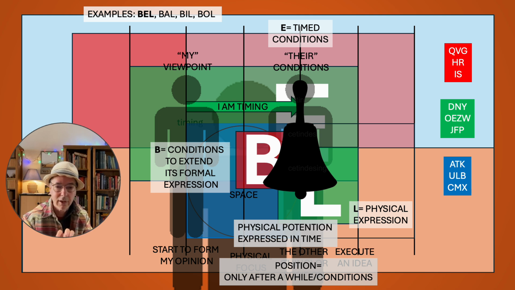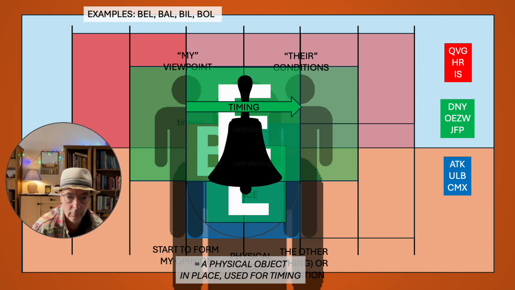It also has its full expression of L, the physical expression, only after a while, by following up its conditions, not just by timing it with E, but also by pressing the timing towards its result. That's the way you can understand BEL completely from the letter positions alone.